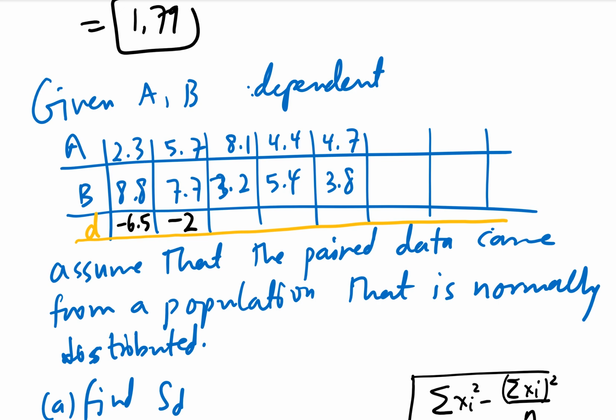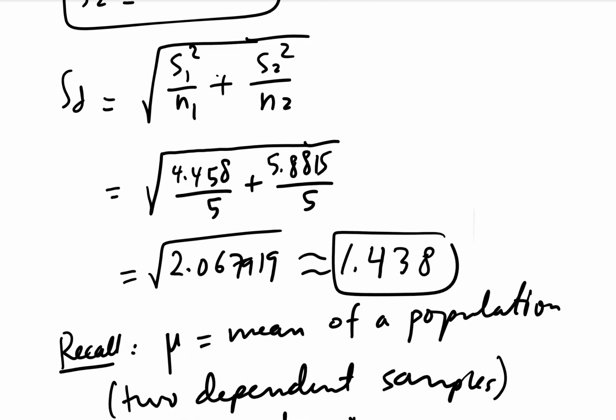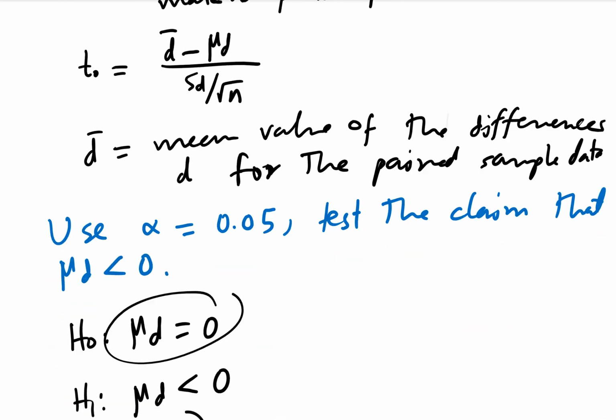Then 8.1 minus 3.2 is 4.9. This is negative 1. 4.7 minus 3.8 is 0.9. Now from here we need to average these values.